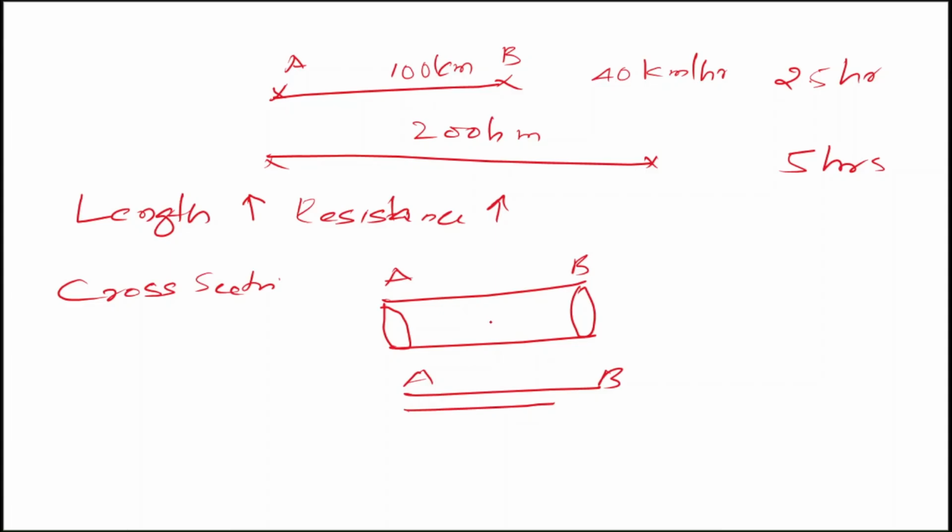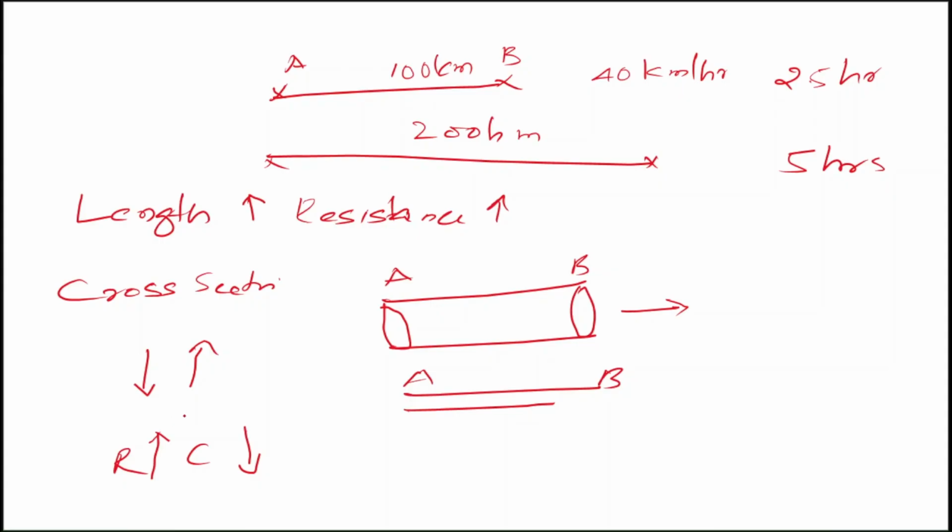You will reach fast on the wider one. That means resistance will reduce if your cross-sectional area is increasing. Resistance will increase if your cross-sectional area reduces, vice versa. So this is one of the factors.